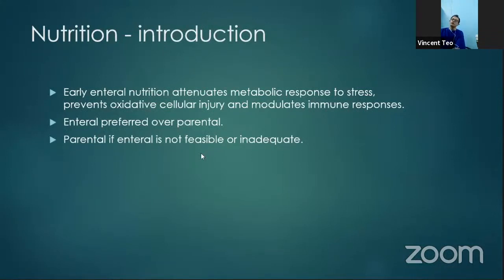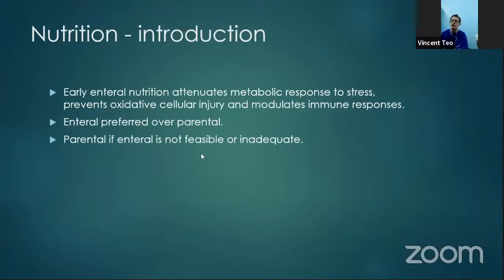So I'll move on to nutrition. So generally, nutrition is very important in critical care patients. It's important to start them early on enteral feeding, means feeding through the gastrointestinal tract.